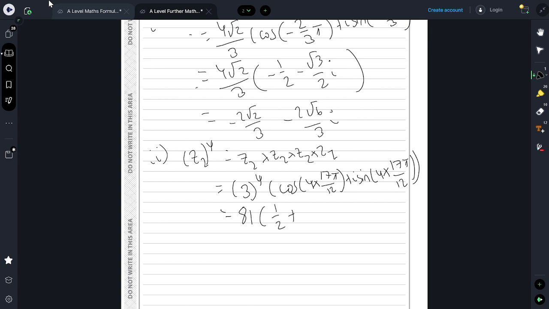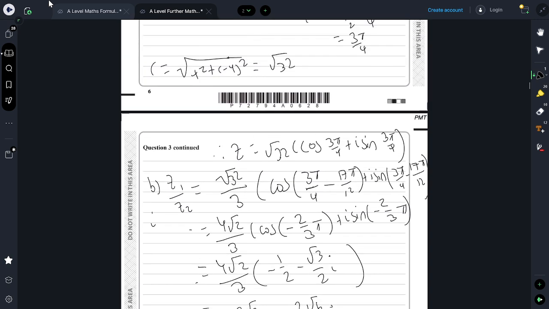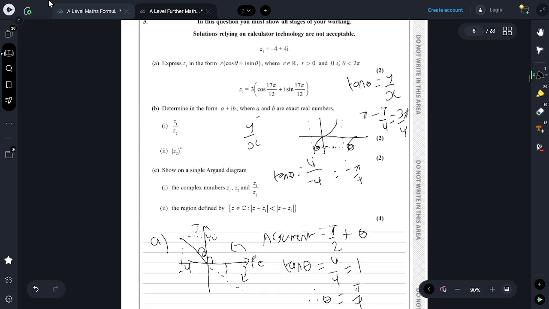And then the sine of 4 times 17 pi over 12 gets you minus root 3 over 2. And then expand that out. So that's 81 over 2 minus 81 root 3 over 2i. So that's part 2.